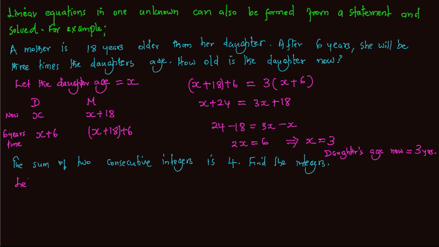So if we let the first integer be x, the next integer will be equal to x plus 1. So x plus x plus 1 is equal to 4.